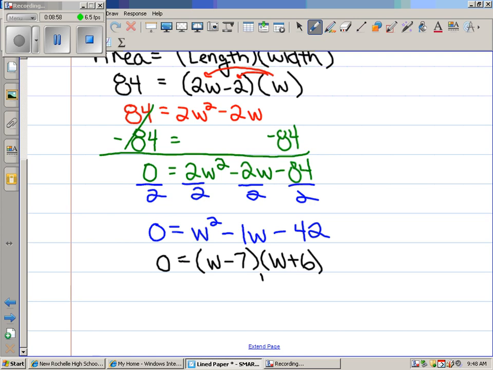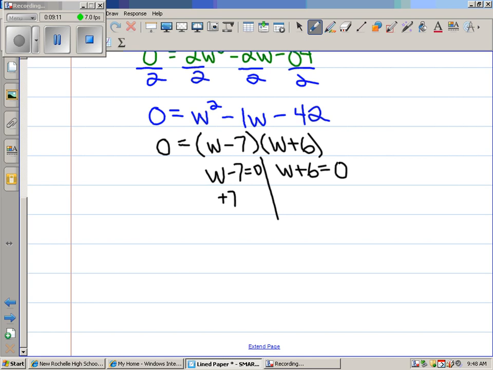We're going to set these equal to 0. We're going to solve it. So the width is 7. And then we have some other option for the width.